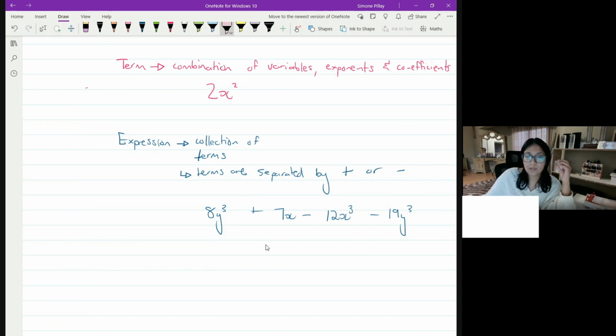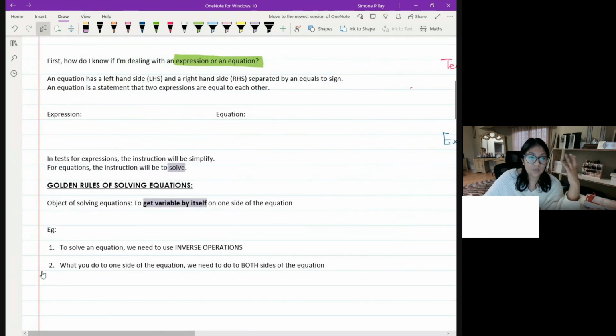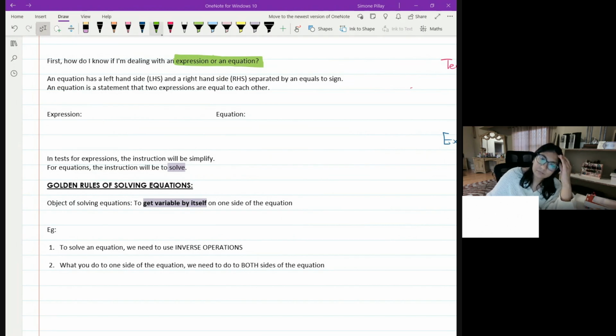Now, there's a lot of expression rules which I'm not going to go over. But once we understand expressions, we then have what we call an equation. What's the difference between an expression and an equation? An equation has a left-hand side and a right-hand side, separated by an equals sign.